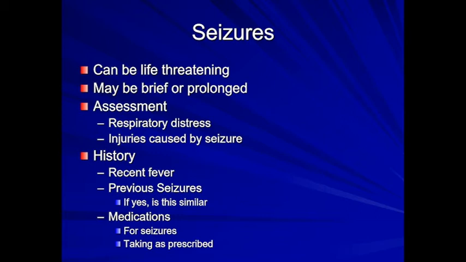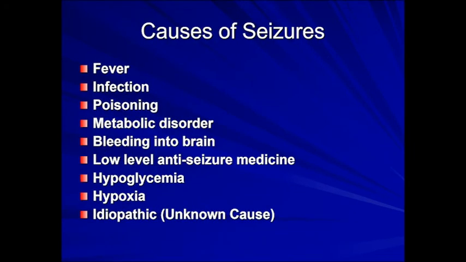So keep those things in mind when you are considering somebody who's having a seizure. So the causes of seizures, there could be quite a few of these. The number one that tops our list on this particular slide is your fever.